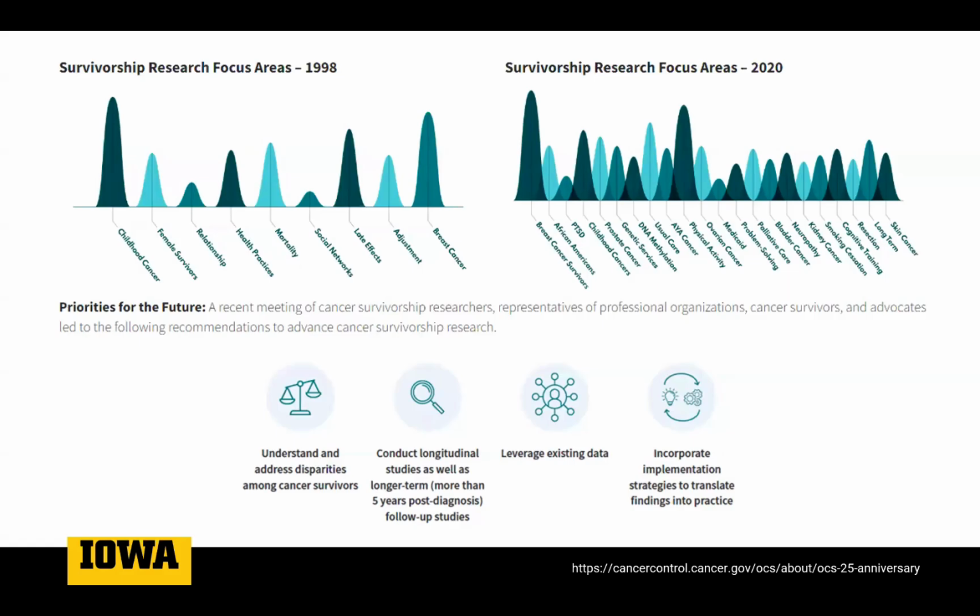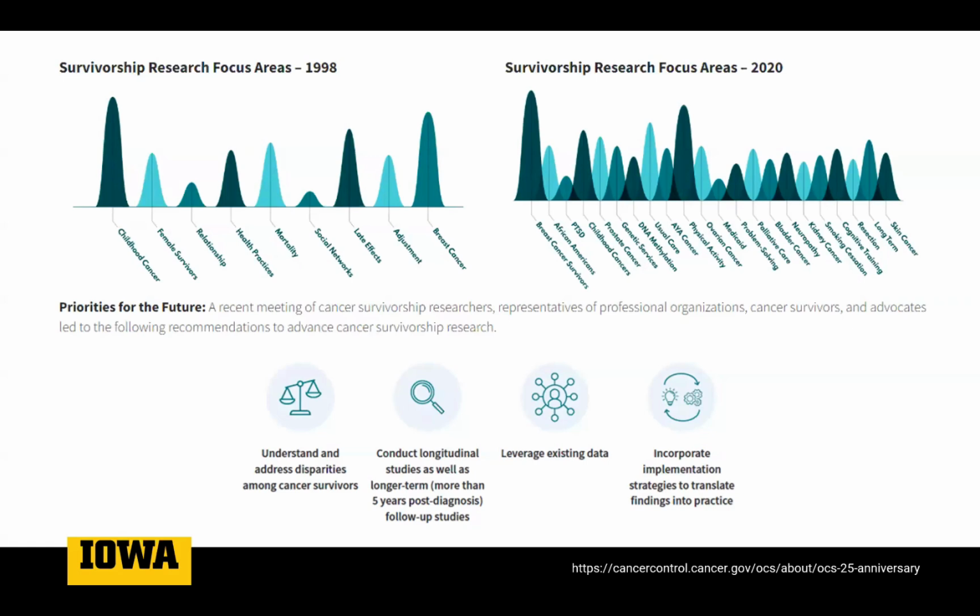The National Cancer Institute, for the 25th anniversary of the Office of Cancer Survivorship, published this comparison of their portfolio, showing where their survivorship funding was in 1998 compared to 2020. On the slide, you can see the difference.